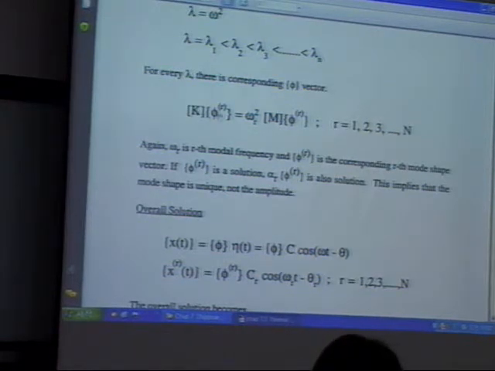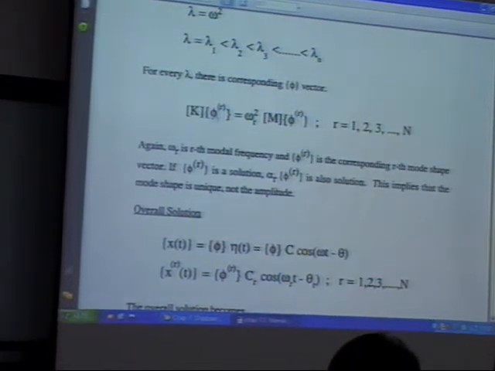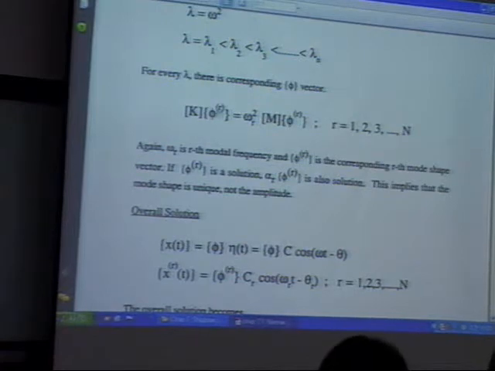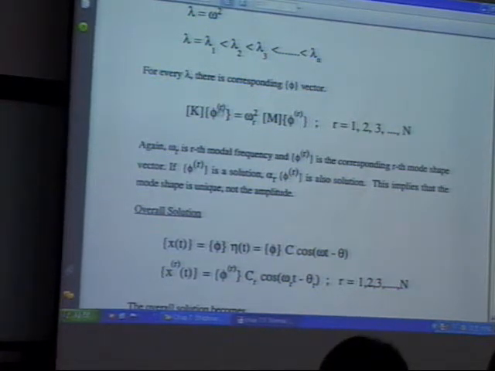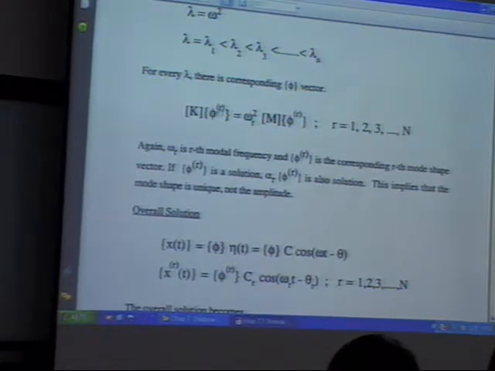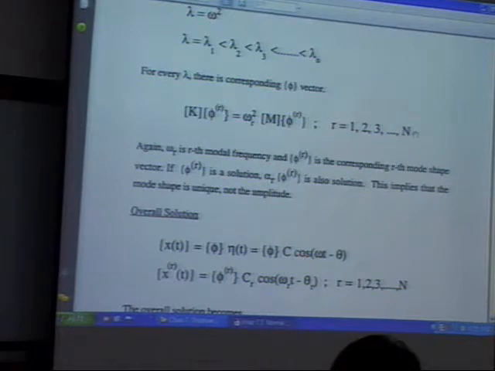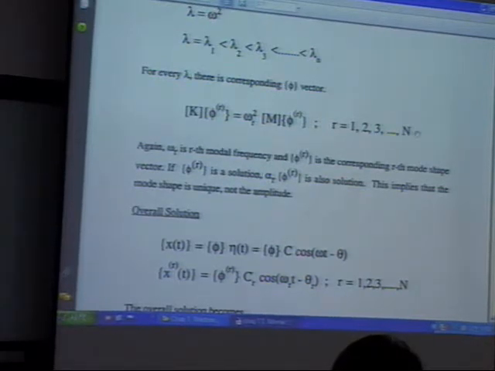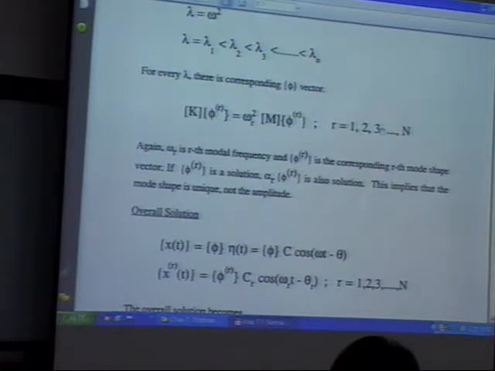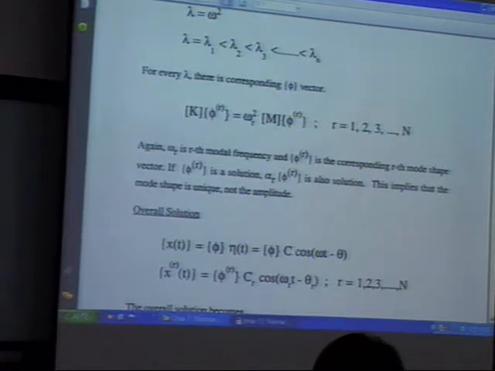So here, phi is related to the first mode all the way to the nth mode. So in this case, r is equal to 1, 2, 3 all the way to n. The number of mode shapes is equal to the number of degrees of freedom of the system.